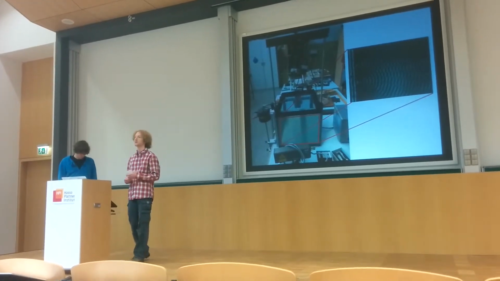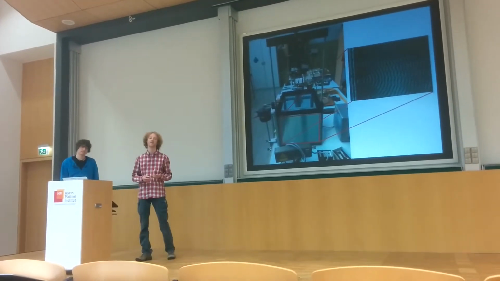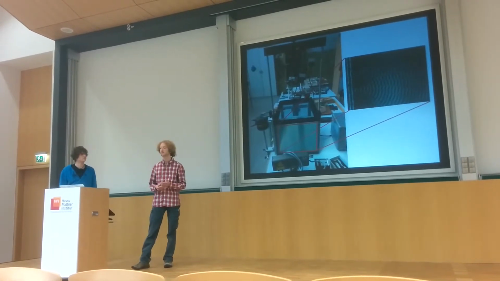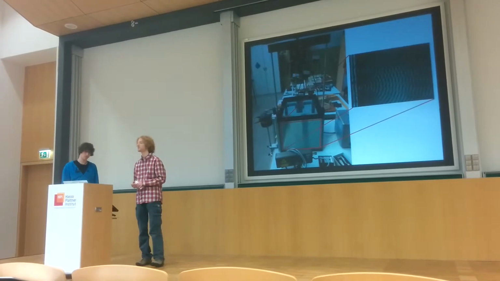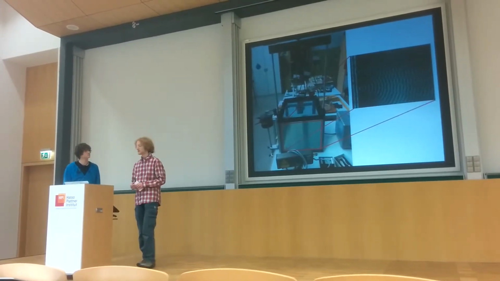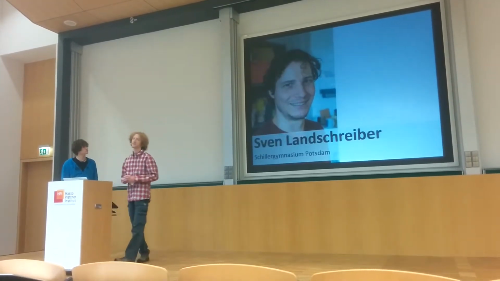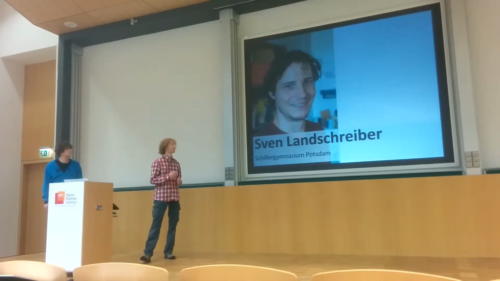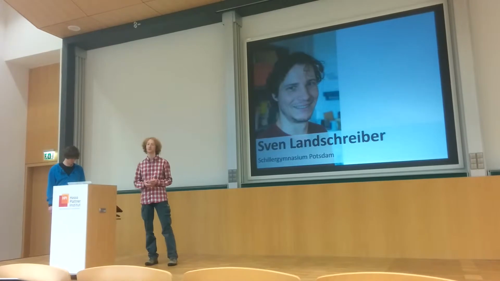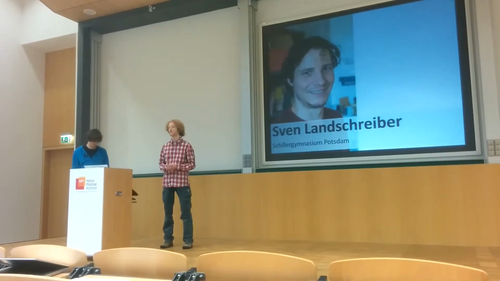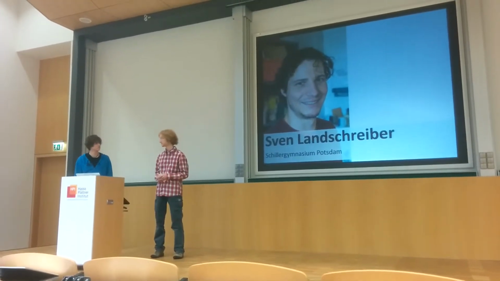And the most important thing, students cannot perform these experiments themselves, because the school has only one of those ripple tanks and the teacher has to present the experiment. So our main insight from Sven Landschreiber was that students have to perform experiments themselves in order to understand the physical context, but schools do not have the proper equipment to do so.